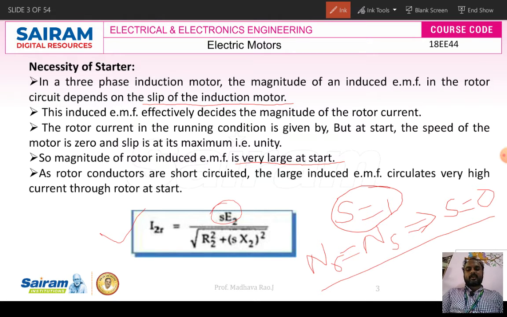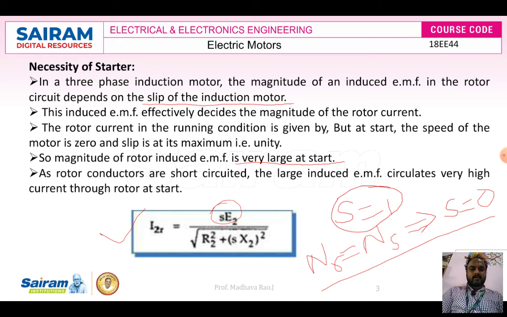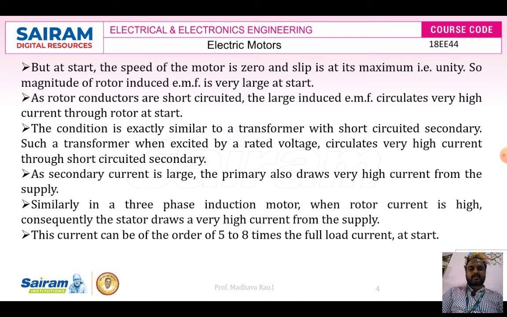Rotor conductors are short circuited, so the large induced EMF circulates very high current through the rotor at start. So this is about the necessity and the rotor current of a 3-phase induction motor.